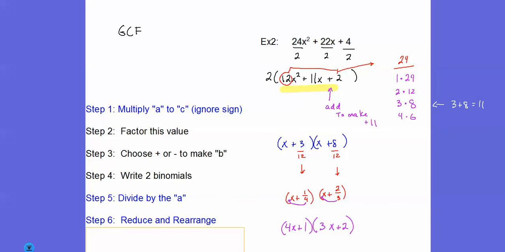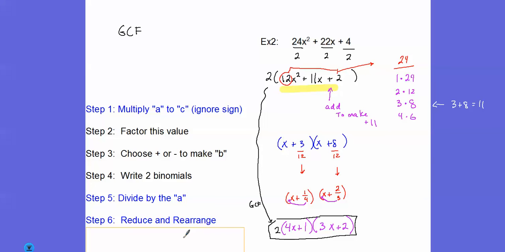This GCF will come all the way, include the GCF, to park itself in front, and this then is the finished factor set for the original problem above.